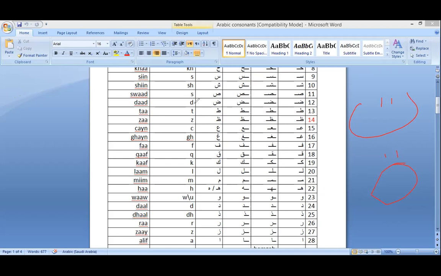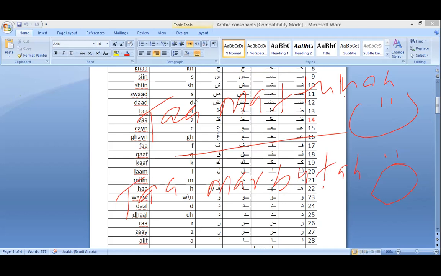So in Arabic, this one is called ta maftuha, and this one is called ta marbuta. Look at the letters that I'm putting dots on, like ha, maftuha.